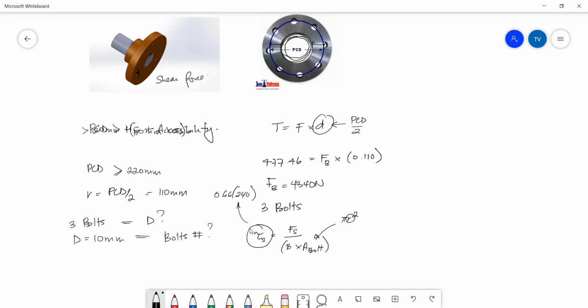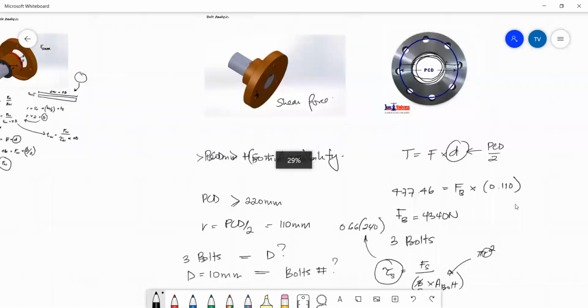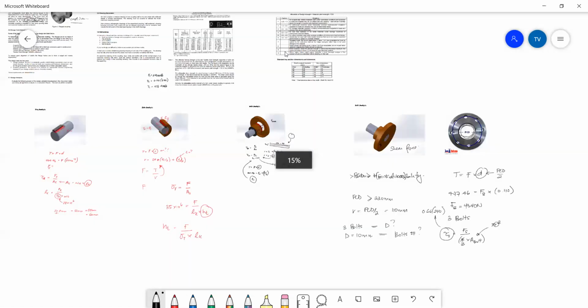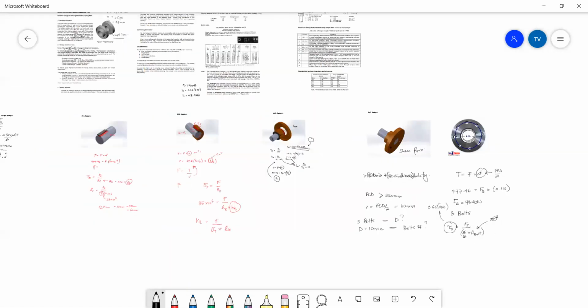You've calculated your force. You've set the number of bolts, so this will be 3. Now you just find the area, and then you solve to find your radius. Once you have your radius, you can find your diameter, and you match that diameter up with the information given here.